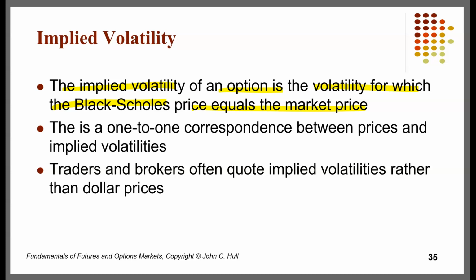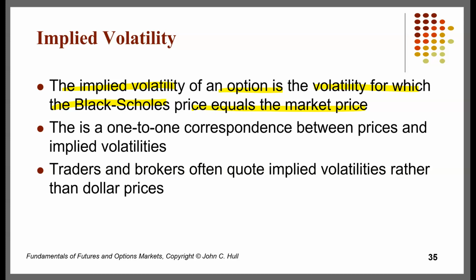We can have the fanciest model that we can possibly build, but at the end of the day, the price of an option in the market is what people are willing to pay for it, right? So implied volatility asks, can we use that price, set it equal to the Black-Scholes option pricing model, and infer from that relationship what the volatility has to be?